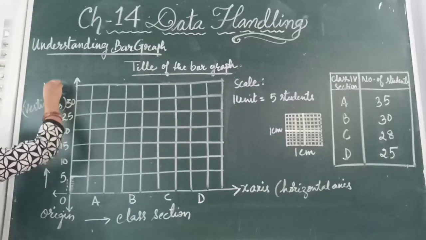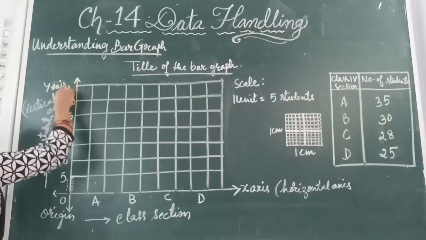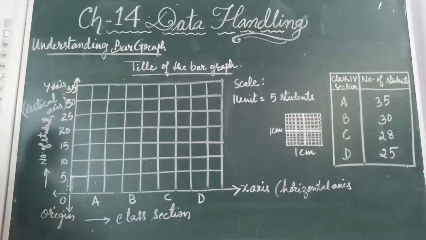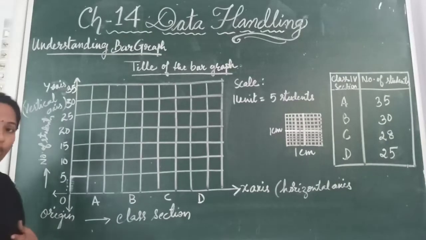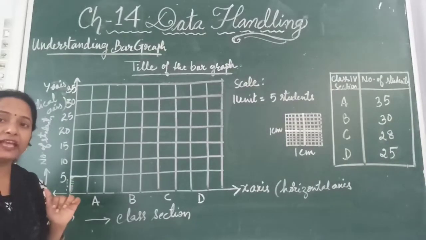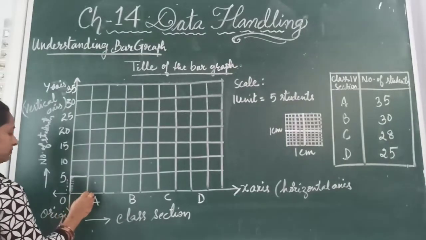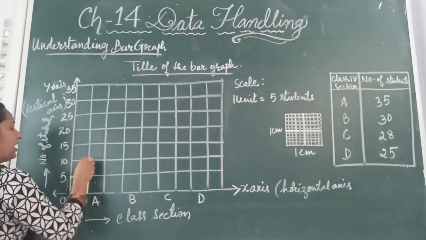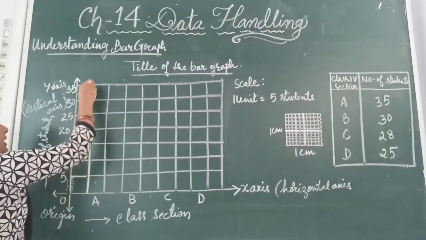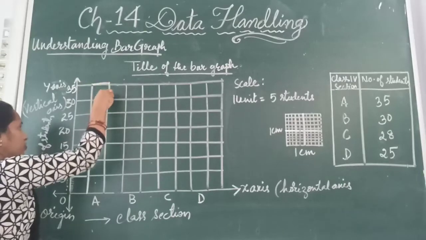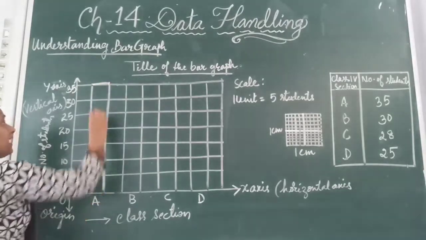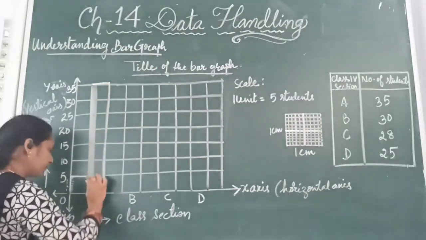So, here we will get the number 35. As section A has 35 students, from just above A, you try to draw a bar like this and shade it.